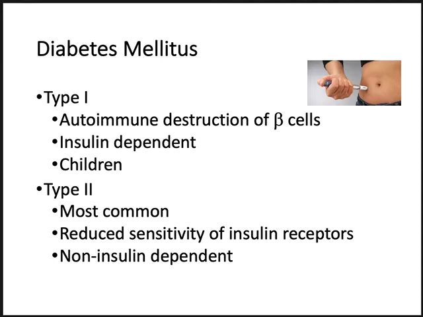So type 2 diabetics make plenty of insulin. You would never give insulin to type 2 diabetics. It's not going to help them. They need something to help them use the insulin that they have. And so these are typically pills that they take. A common drug is called metformin, but there are various drugs.